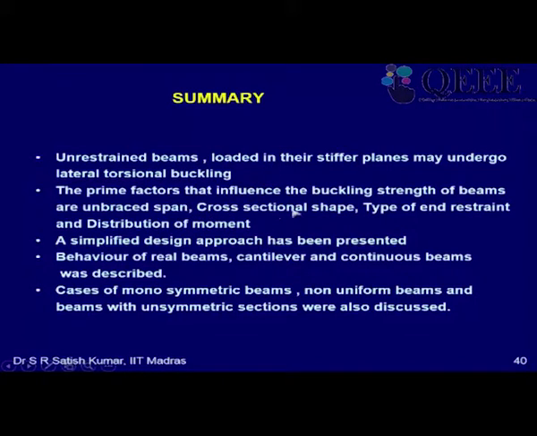The cross-sectional shape is automatically taken care of when you calculate the Iww, It and Iyy values. The type of end restraint is to be taken into account, so based on that we may vary the effective length, and the distribution of moment is taken care of by equivalent uniform moment factors, which are given in the table. So that is the approach given in the code.